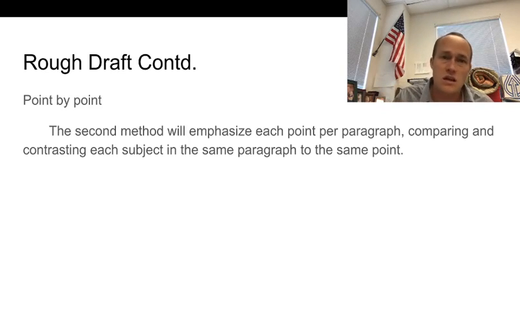Truck tires cost a lot of money. They have a lot of tread, but they keep you from doing a rollover. Whereas car tires don't cost that much, but they do get bald pretty fast because people like to go fast in them. I'm just making this stuff up, but you get the idea. You discuss, compare and contrast each point, and those are your paragraphs, so they're obviously shorter paragraphs.